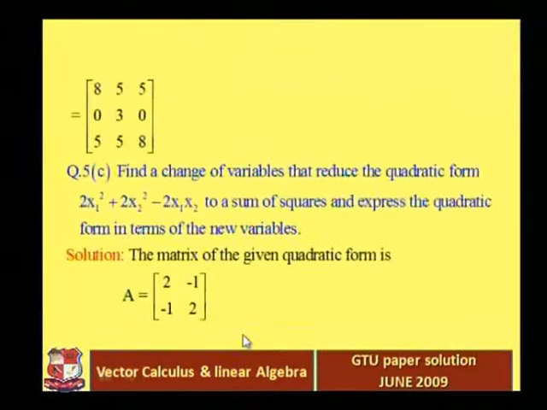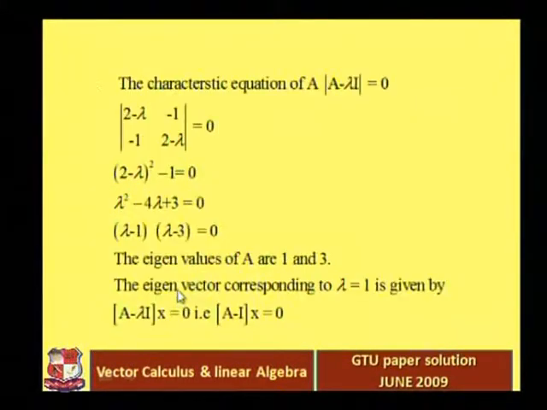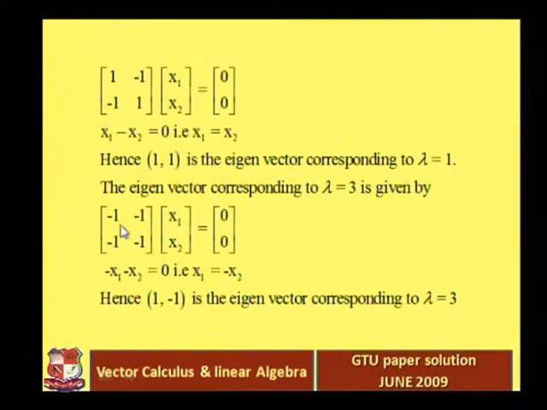This is our A, right? So A minus 3I means we add minus 3 to the main diagonal entries. 2 minus 3 gives minus 1 here, and already we have minus 1. So the whole matrix is just minus 1 everywhere, right? So from this equation you will get only one equation, minus x1 minus x2 is equal to 0.